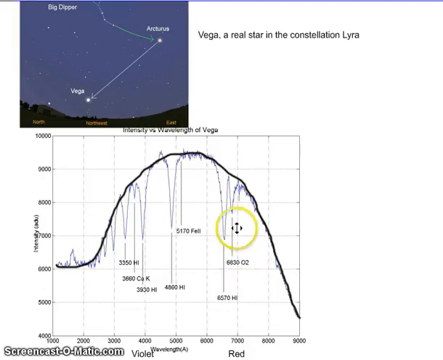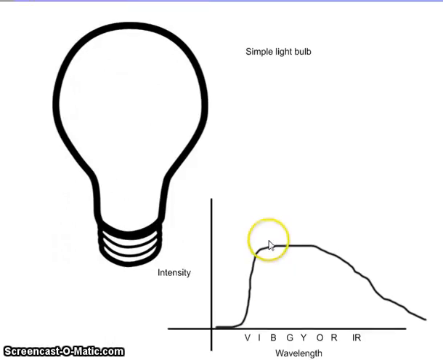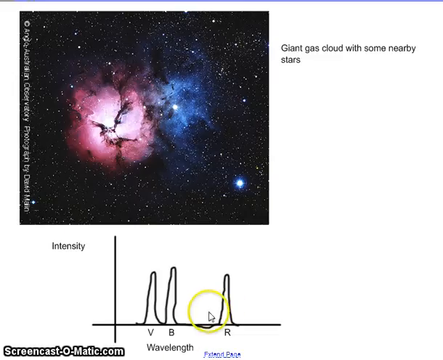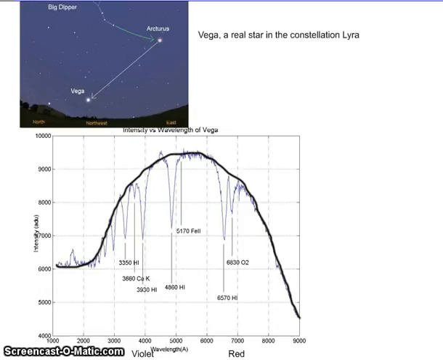That means something, right? It means that the star is not quite the same as this light bulb, where we don't see any dips, right? And in some ways, it's sort of the opposite of this, where instead of dips, we have sudden peaks that happen. Okay? So our three images show three different kinds of spectra.